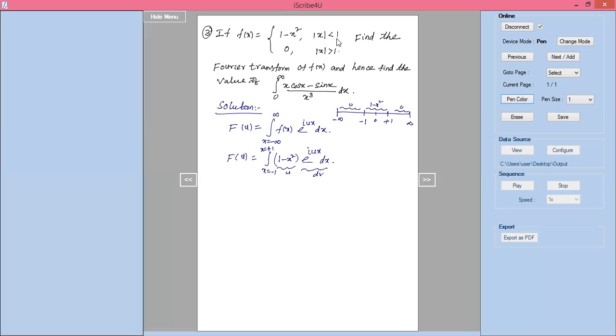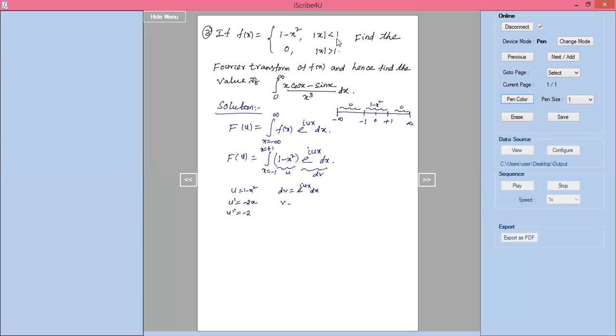Take u equal to 1 minus x square, and dv is e power iux dx. u dash is the differentiation of 1 minus x square, which is minus 2x. u double dash is minus 2. If we go further, it will become 0.